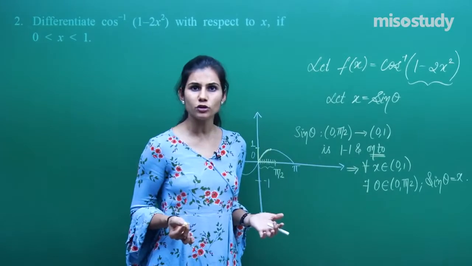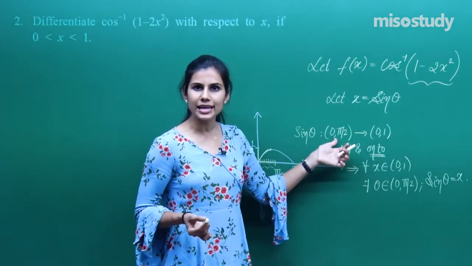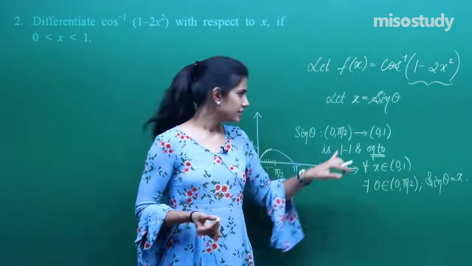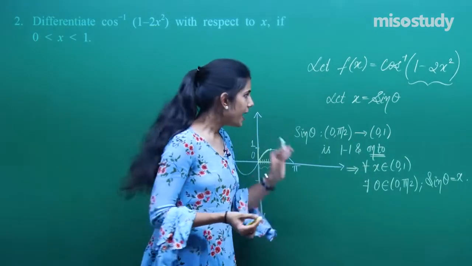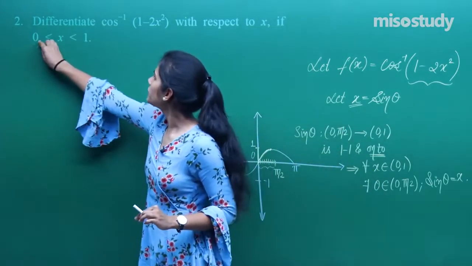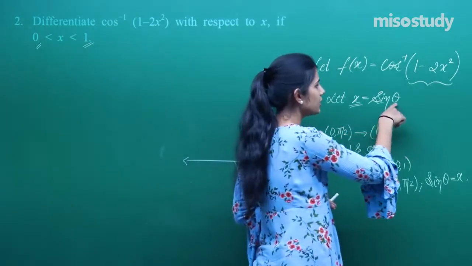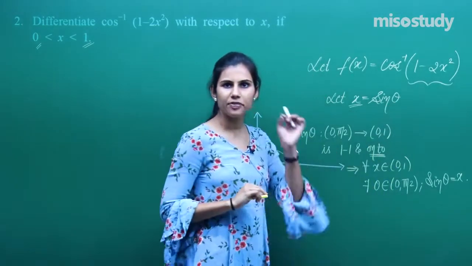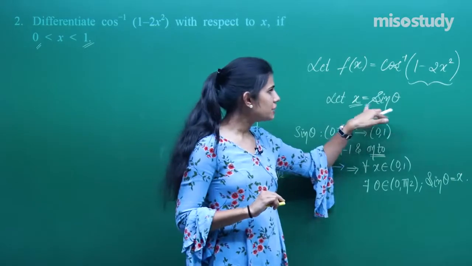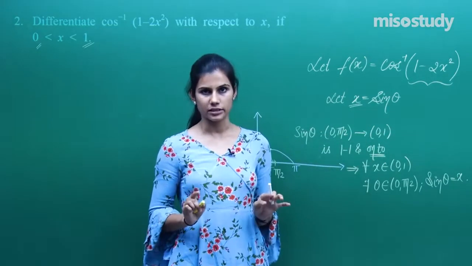That is the definition of ontoness. For every x coming from (0, 1), there is a theta for which sine theta is x. Theta is coming from this interval. That means you give me any x coming from this open interval (0, 1), there is definitely a unique theta for which sine theta is that x, and that is the logic behind being able to write x as sine theta for all x coming from the open interval (0, 1).